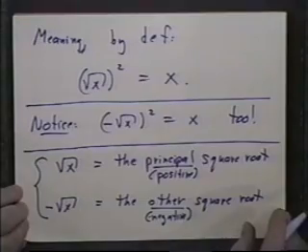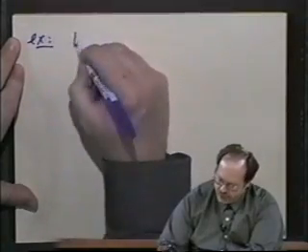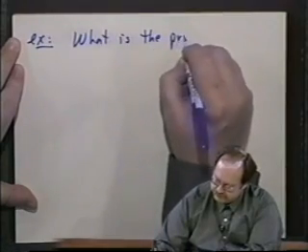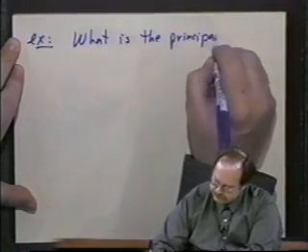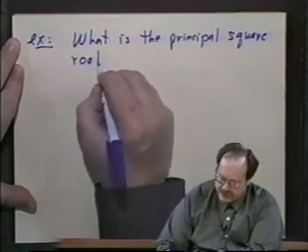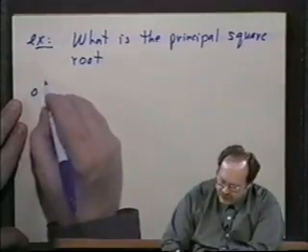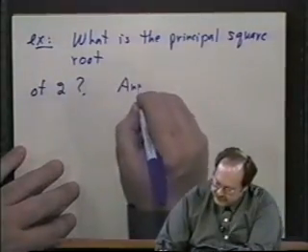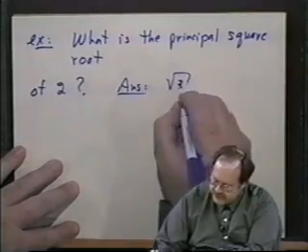All right, let's look at some numerical examples. Example. What is the principal square root of 2? Long time to write that out. Well, the answer is, using the symbolism, square root of 2.